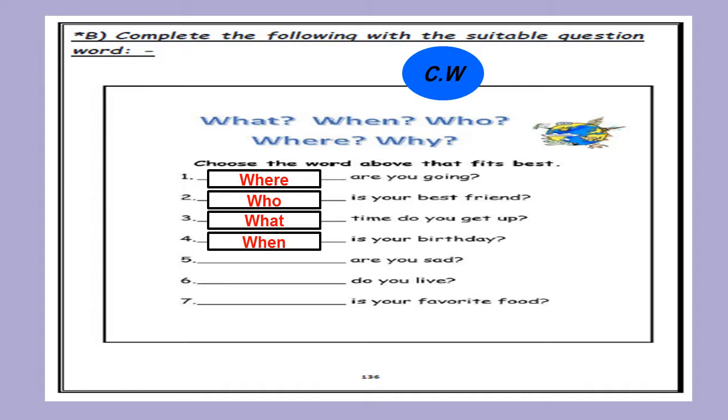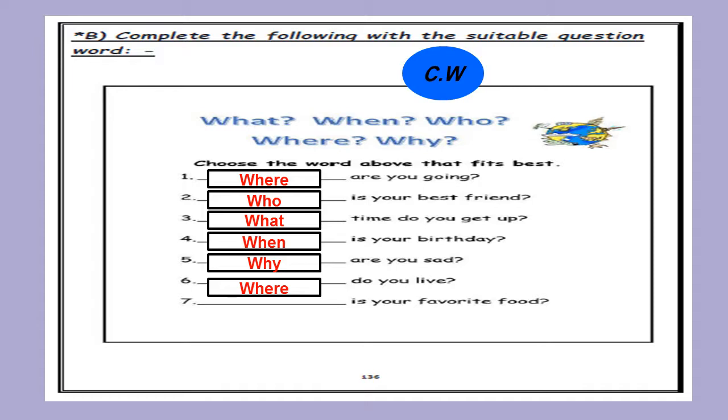Number 5, space, are you sad? Sad is an action, person, feeling. Yeah, that's right, this is feeling, so I will use why are you sad. Number 6, do you live? I'm asking about place. I will use where.